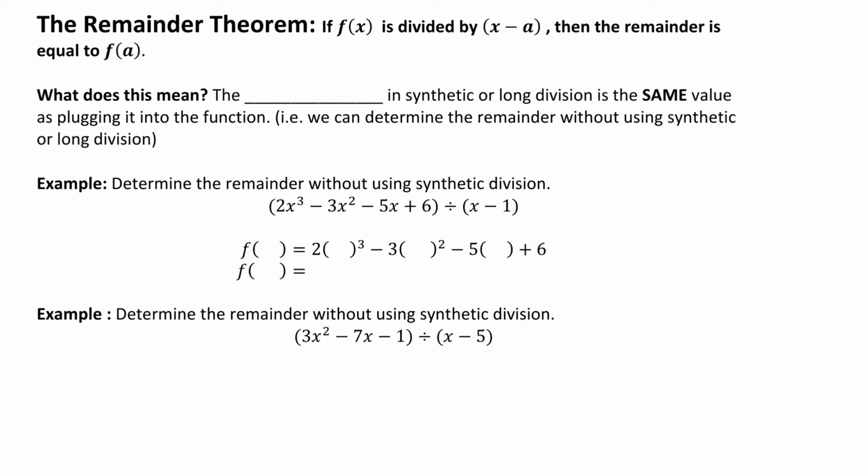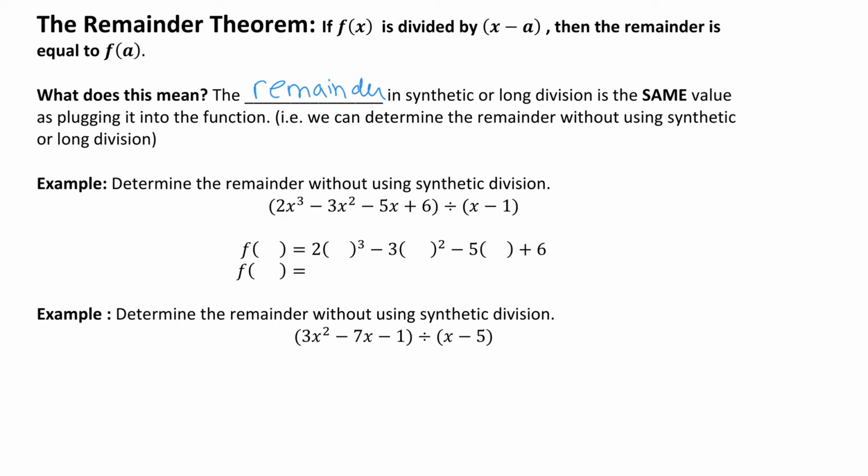So what does this mean? It means that the remainder in synthetic or long division, either one, is the same value as plugging it into the function. In other words, we can determine the remainder without using synthetic or long division. And so this is helpful sometimes when you would rather just evaluate the function than divide it.